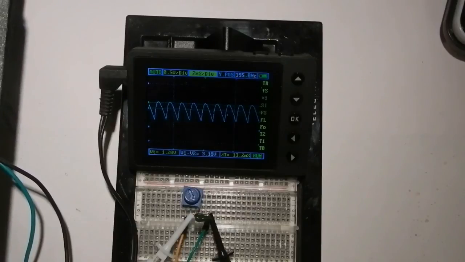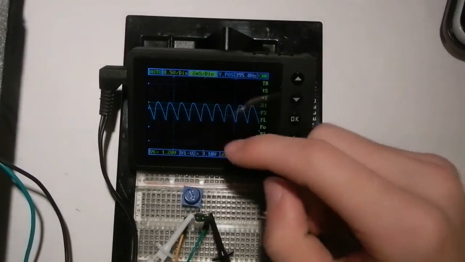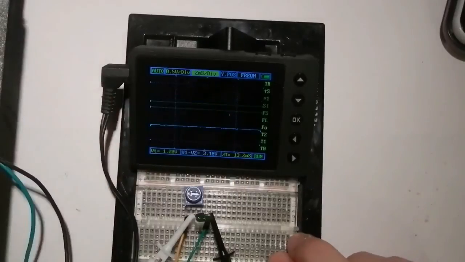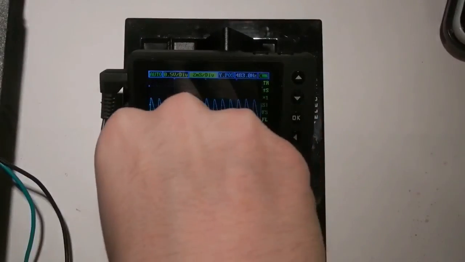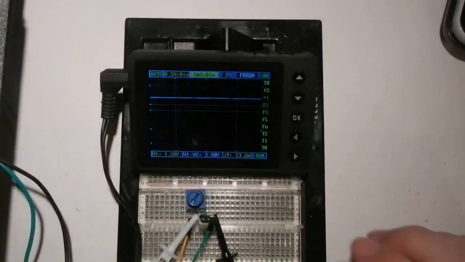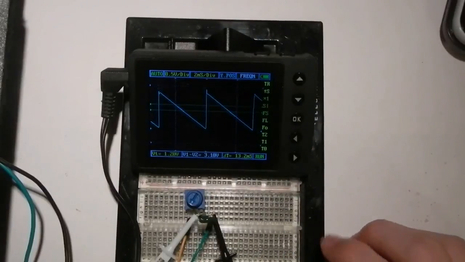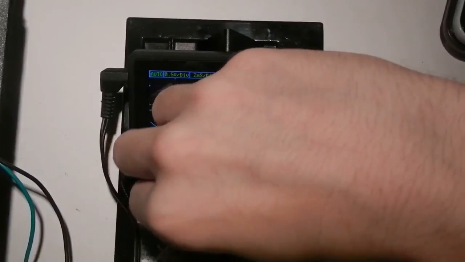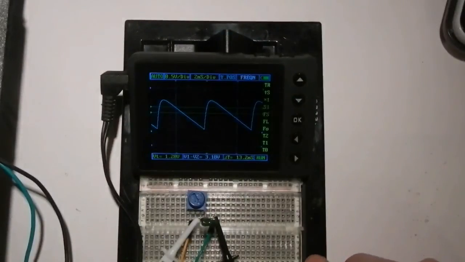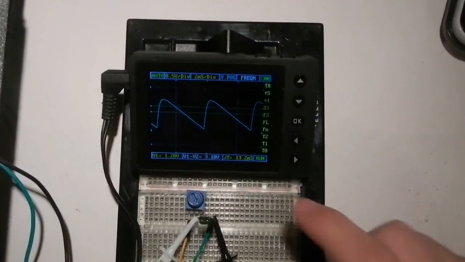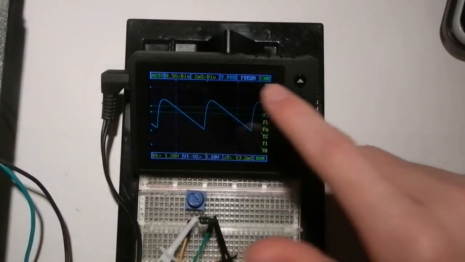Now if I play a saw, you can see, again, it makes it... Normally, a saw wave would look something like that. But as I increase the cutoff, you can see it becomes softer.